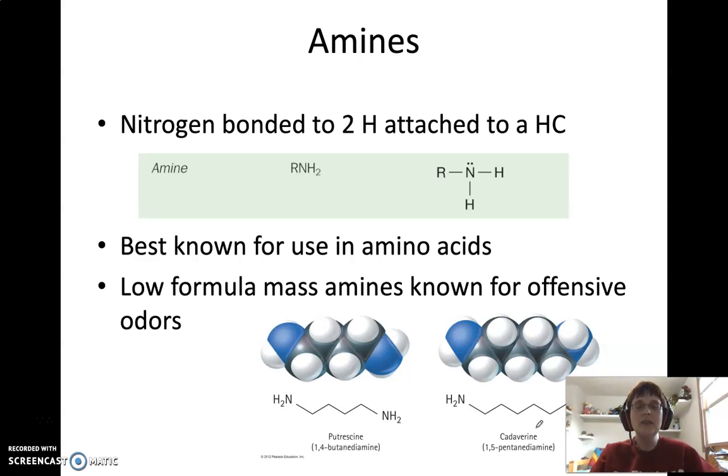So this is part of what creates that smell, as well as the bacteria breaking down tissue. So this is the end of the section on functional groups, and we'll pick up with the next section in our next lecture.